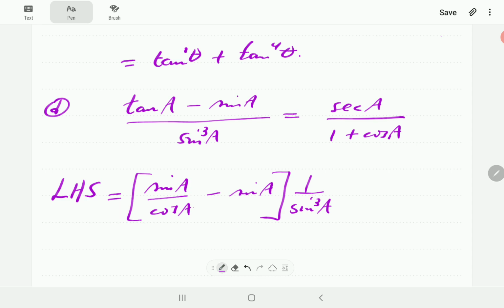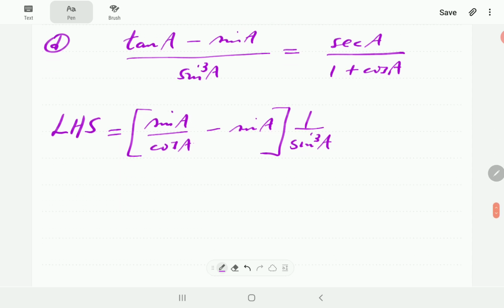Now we're going to notice that sine is common here, so we can factor out sine and divide into this. So if we do that, we're going to have 1 over cosine A here minus 1. Then we're going to have sine A over sine cubed A.